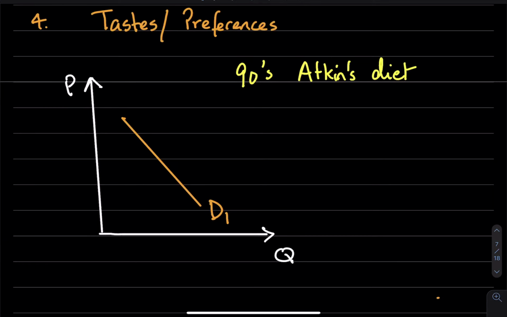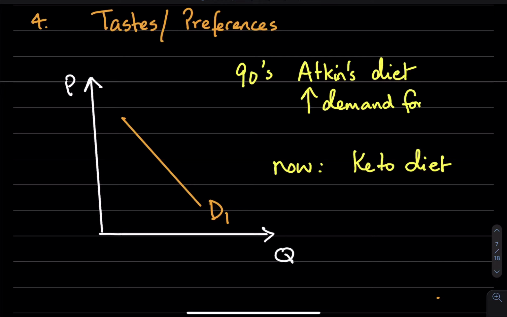And maybe right now, the keto diet is very popular. So what we see is with the Atkins diet, eggs became very popular. So we saw that there was an increase in demand for eggs because people prefer that all of a sudden, and that would shift the demand curve for eggs to the right.